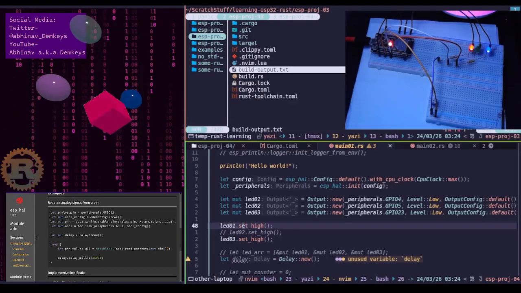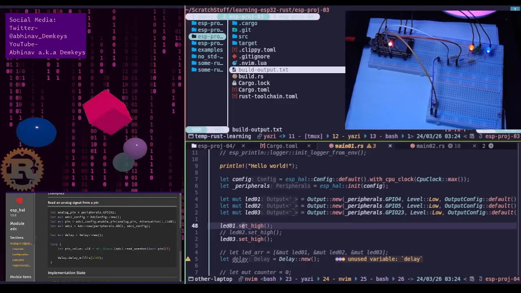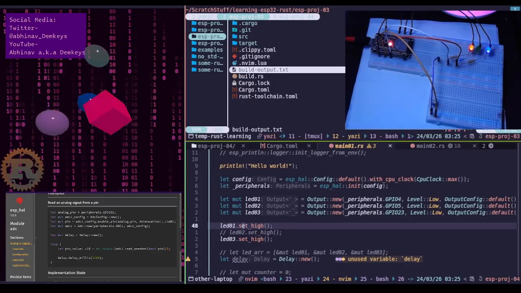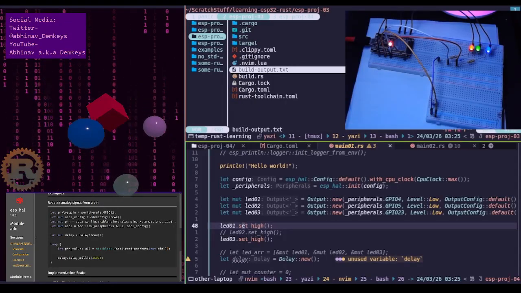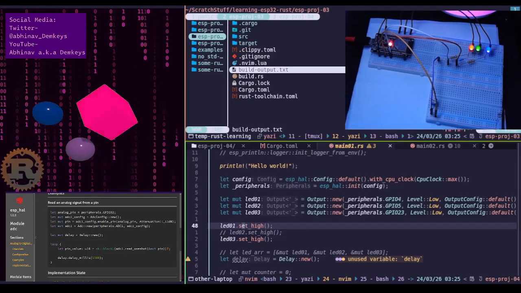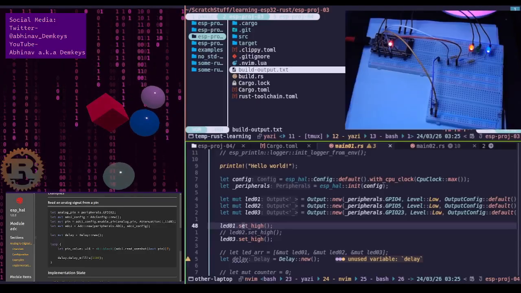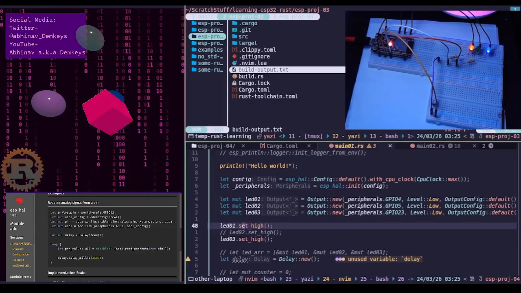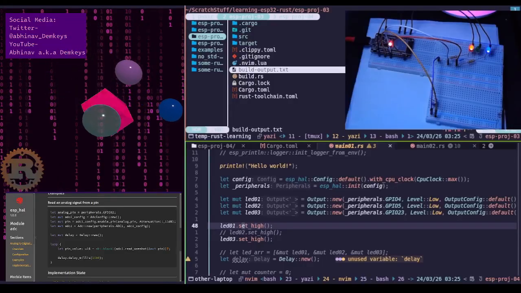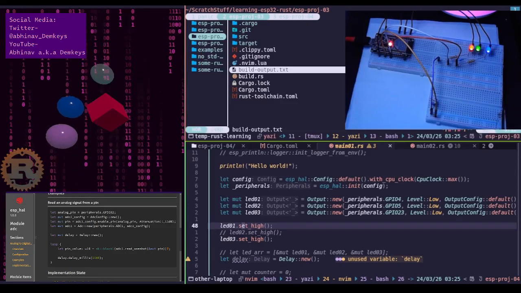But yeah, I have a bunch of soldering practice to do. I haven't gotten around to doing that yet. I tried, I think, the day before yesterday. I don't remember, I think it was the day before.